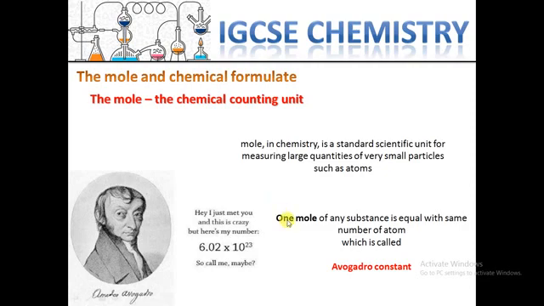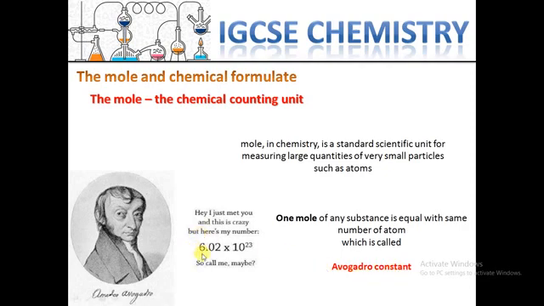1 mole of any substance is equal with the same number of atoms. Okay, the number of atoms is 6.02 times 10 power 23, which was first discovered by Avogadro. Avogadro is an Italian chemist, so that's why we call it the Avogadro constant.